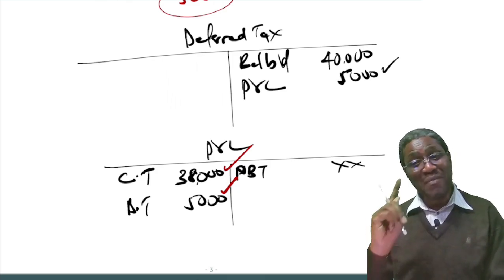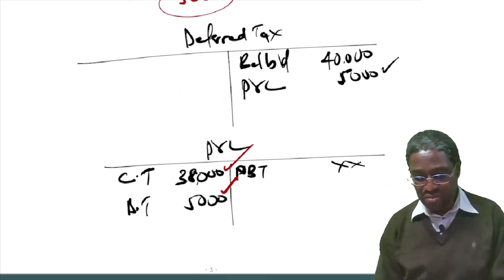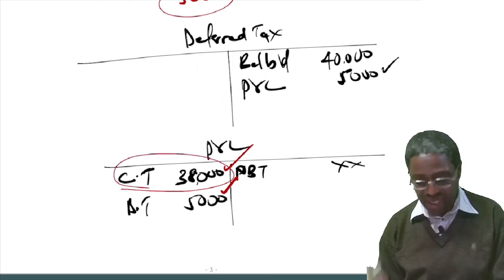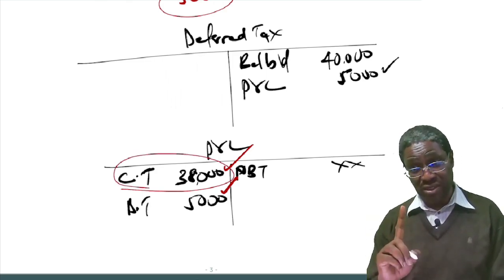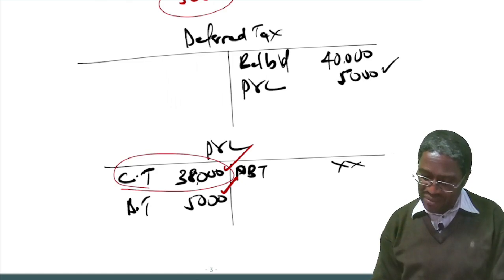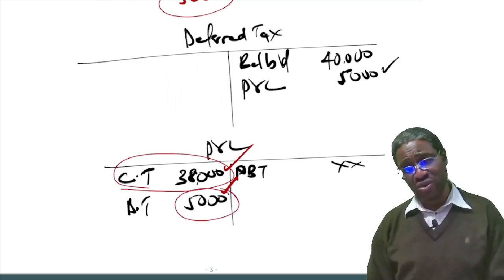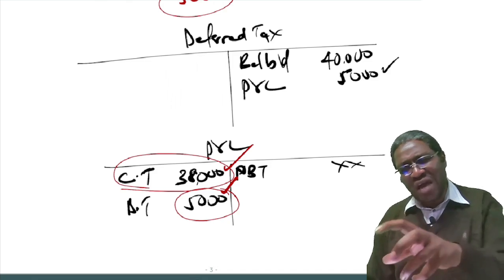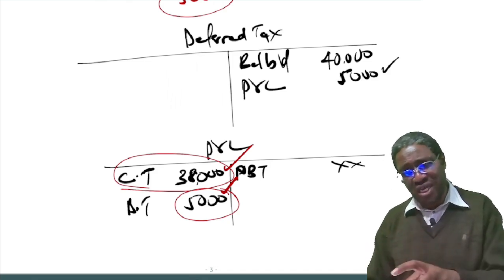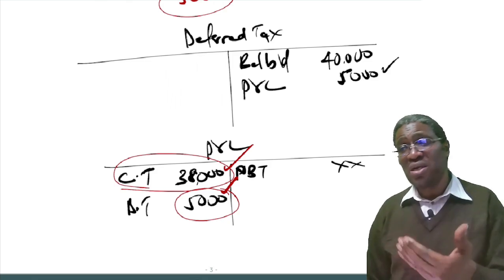I have debited P&L account by 38 for corporation tax. But then I am debiting P&L account again by another 5. Does it mean I'm increasing the 38 or I'm reducing the 38?